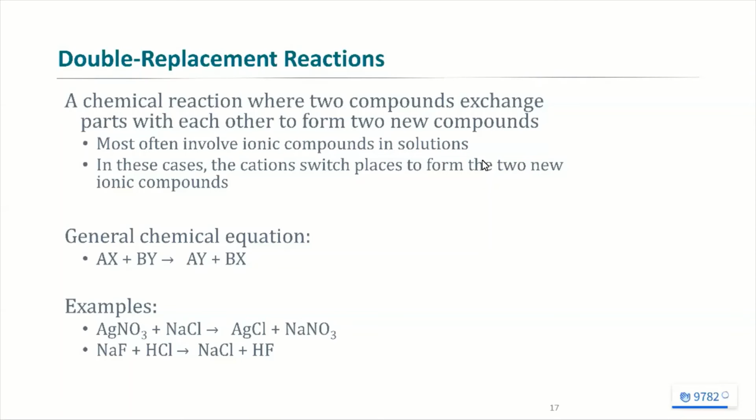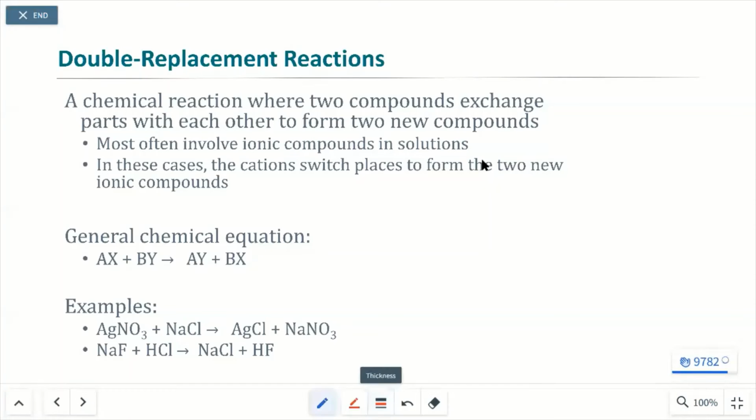And these ionic compounds are going to basically do a partner switch, where the cations, in this case A and B, are just going to swap places, reassociate.